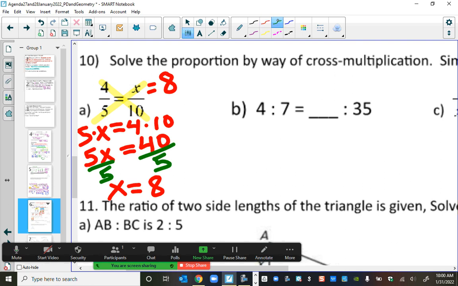What would you get? 0.8 as well. So that's a way you can check whether or not the two sides are equal. Once you find this value, that's one way to check. If you get the same value when you divide both sides, you should be good to go. All right. So far, any questions?